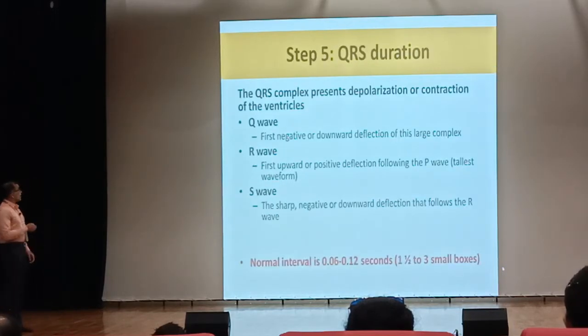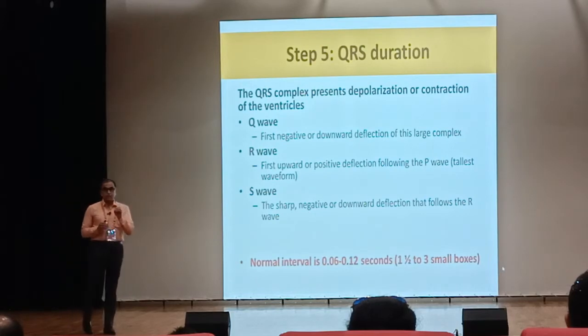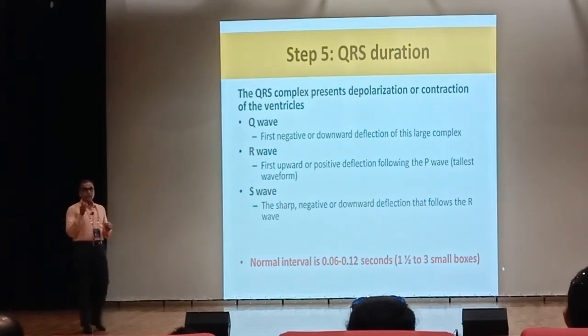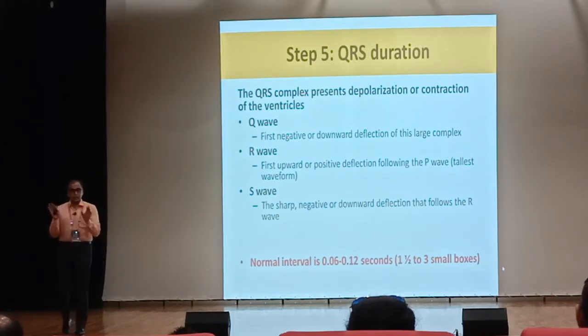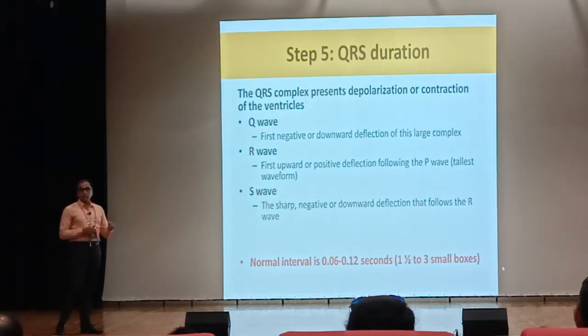Then the last step, we look at the QRS duration. Simple to remember, whether the QRS is narrow or wide. Narrow means less than 3 small squares or 0.12 seconds. If it is wide, it means the conduction is ventricular, which we see normally in ventricular tachycardia or other ventricular origin rhythms.